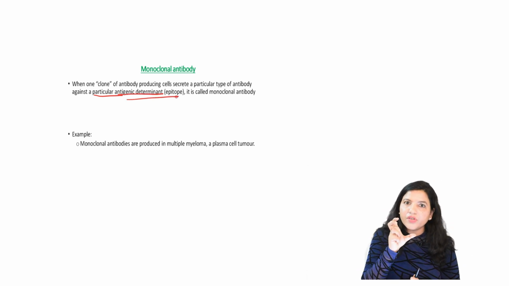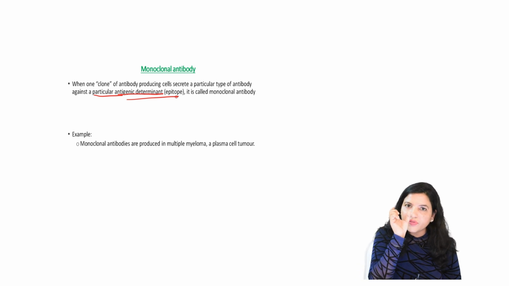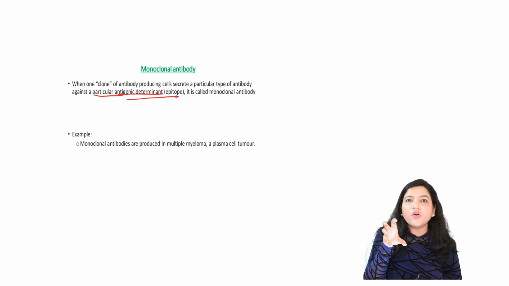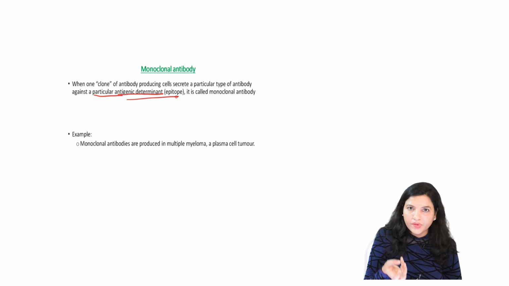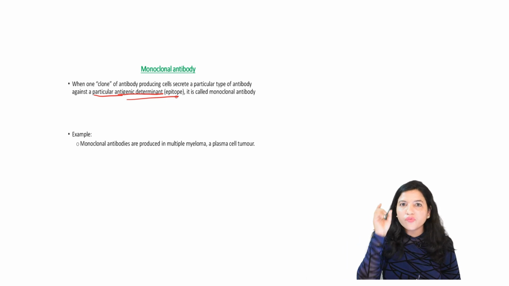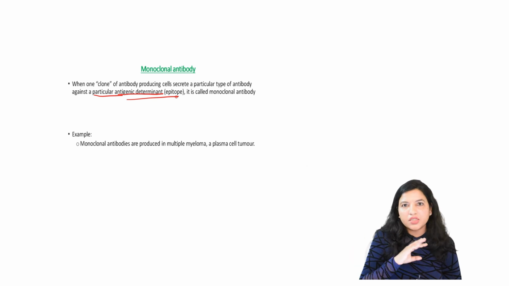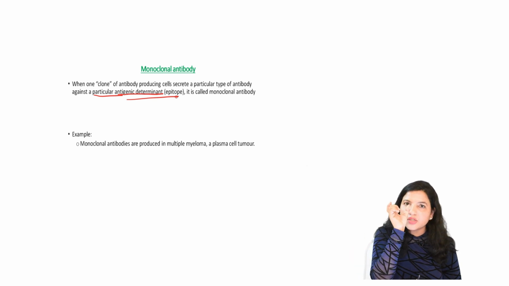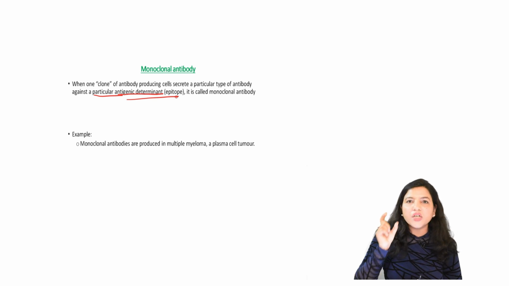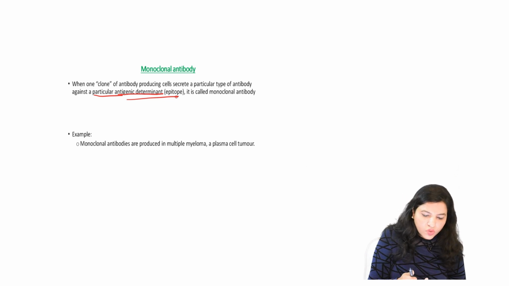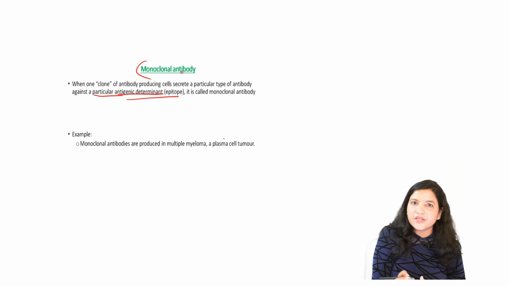We are giving an antigenic challenge to a particular epitope, not a generalized antigenic challenge, and hence only a single clone of antibody producing cells will be activated, producing that particular antibody, which does not have multiple specificities or affinity. It will be unique to a particular antigenic epitope. So that is called the monoclonal antibody.